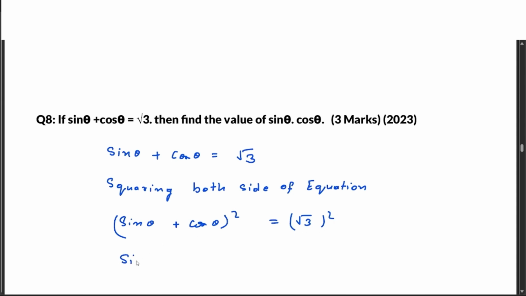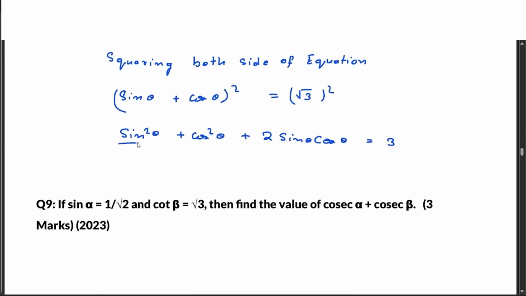You get sine square theta plus cos square theta plus 2 times sine theta cos theta is equal to 3. You know it is the a plus b whole square form, so based on that we can write here. Now after that, this one will come as 1. So here we can say 1 plus 2 sine theta cos theta is equal to 3.